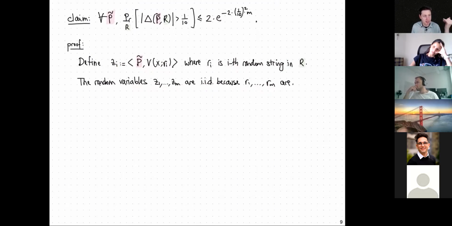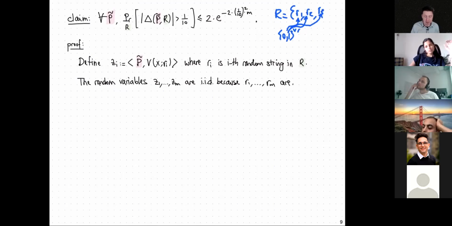The way you create the set big R was you take {0,1}^{VR} and you sample R1, and then with replacement, IID, you sample R2, and so on. So you can think of big R as a multiset. This means that Z1 through Zm are IID variables, and there's nothing else random happening here.